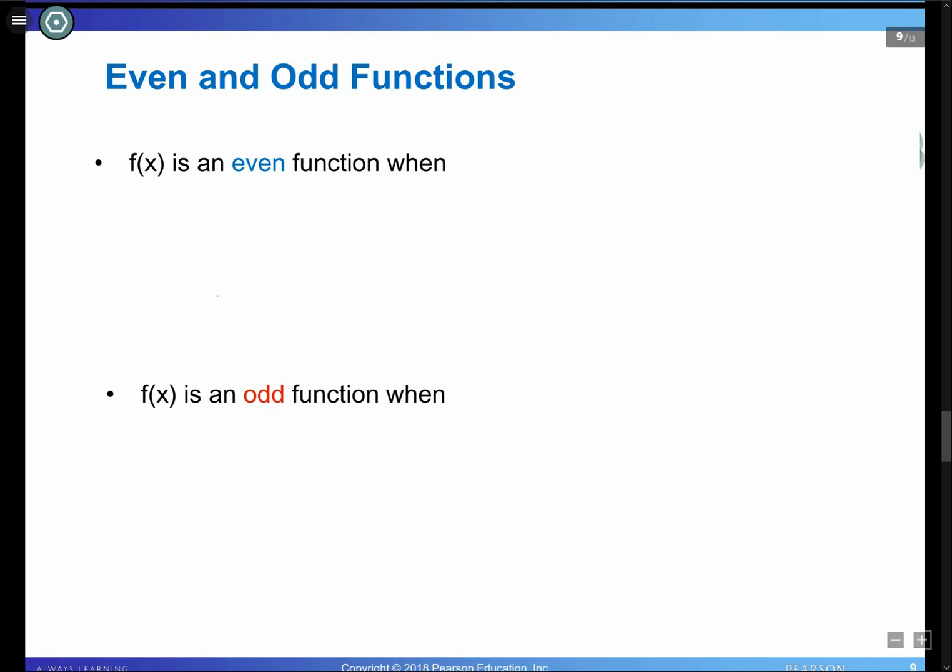It's all about the symmetry characteristic of the function curve. So it's going to be related to the shape of the function curve across the axis.